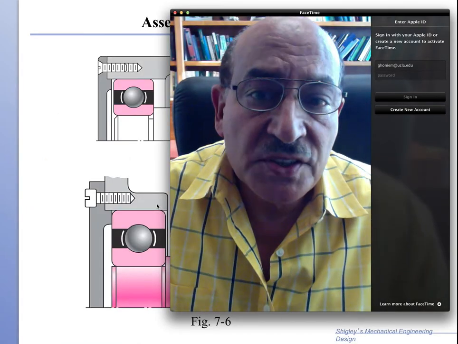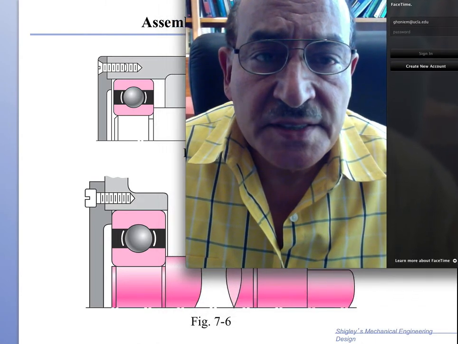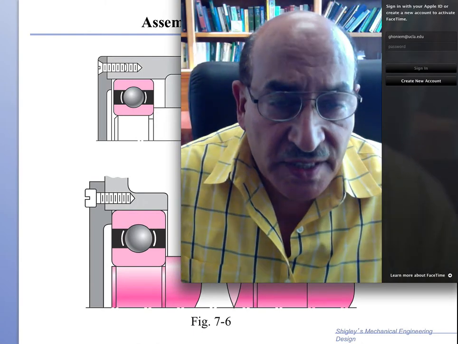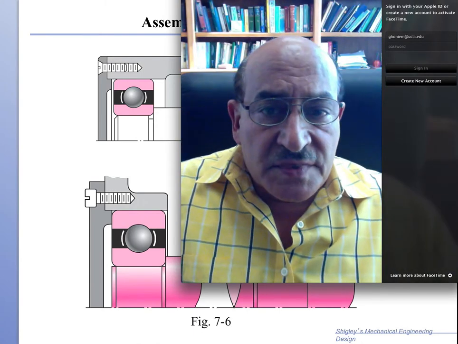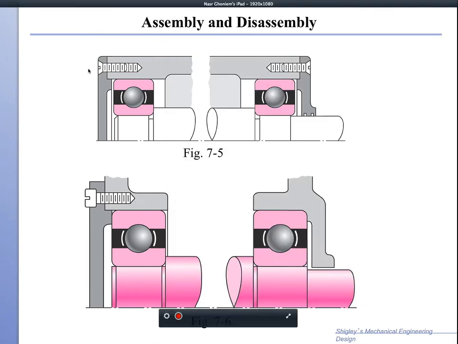In addition, we have to consider assembly and disassembly as an important element of the shaft system design. As you can see here, we have screws that attach. This is the structure around the shaft, and at the end the shaft is attached to roller bearings, and the shaft has a shoulder. The shoulder is obtained by precise machining, so that you can have all the surfaces mating with one another.